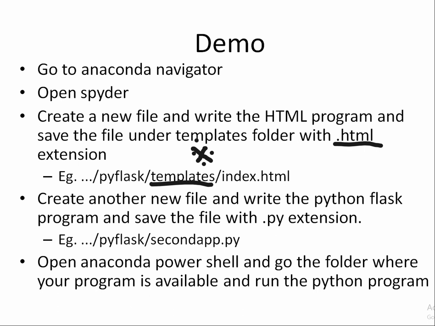So I have created the second file which is .py, that is represented as second app.py, and after that I am going to open Anaconda PowerShell as I have specified earlier in the first video of the web server. And I am going to run that program and show you how the output will appear, right?